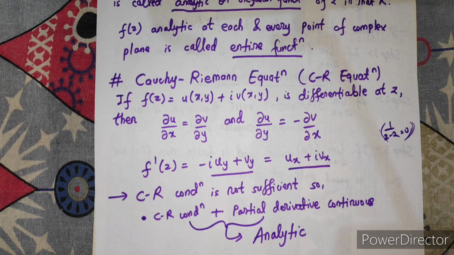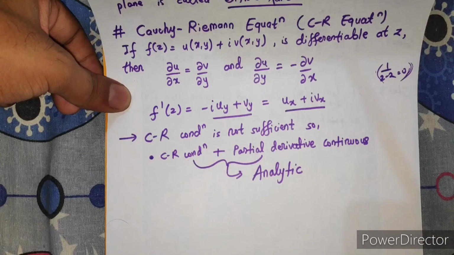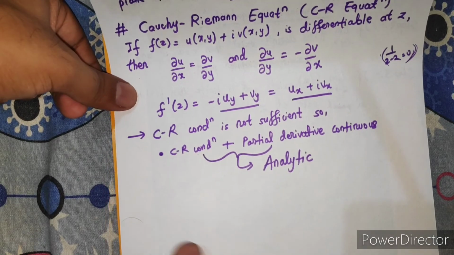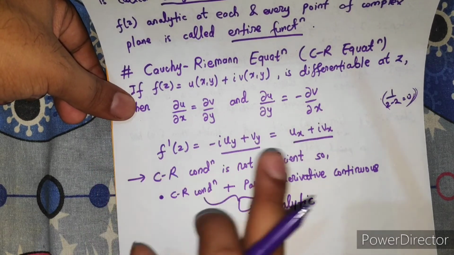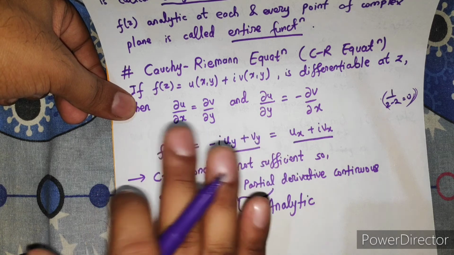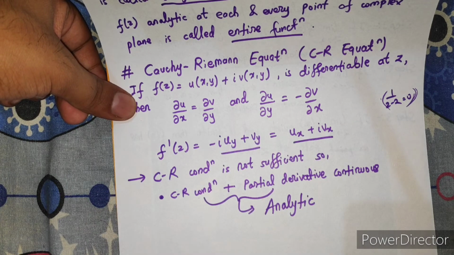Okay, thank you. Now, just for knowledge purposes, we have seen the CR condition in normal form, with only x and y. There is also a polar form.